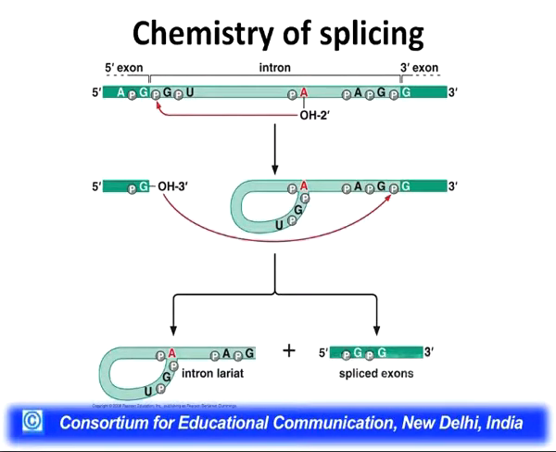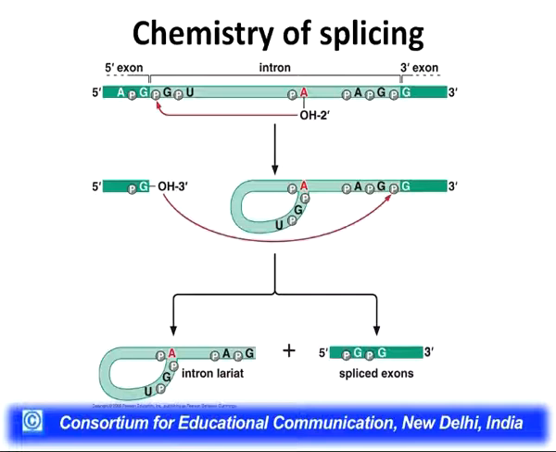However, the proteins which are required for bringing about this particular reaction require a lot of ATP for their assembly. And secondly, it is to be noted that this reaction is reversible also. That intron lariat can again go back and get inserted between the exons.